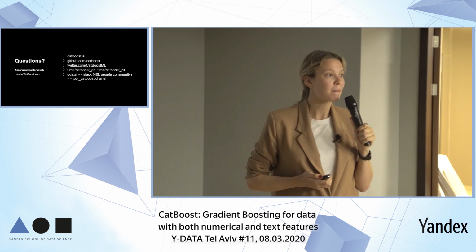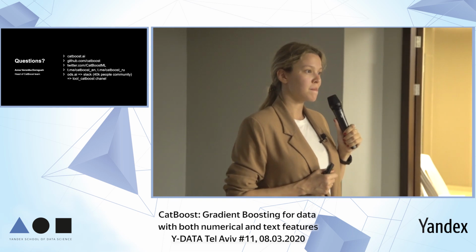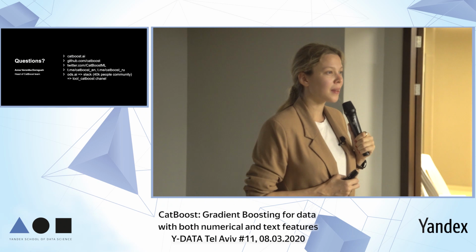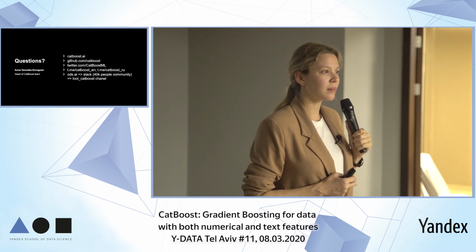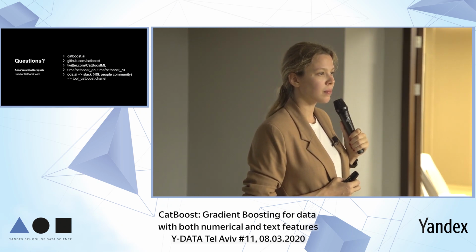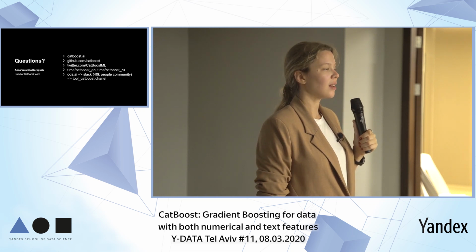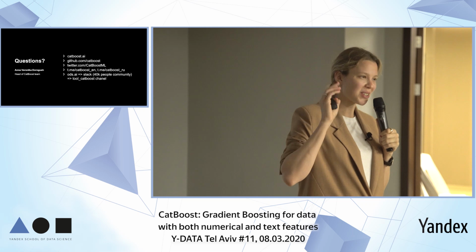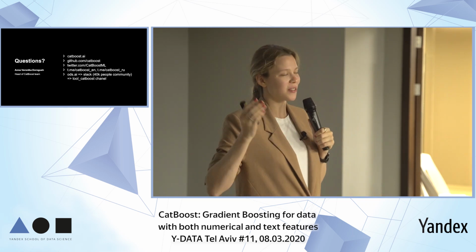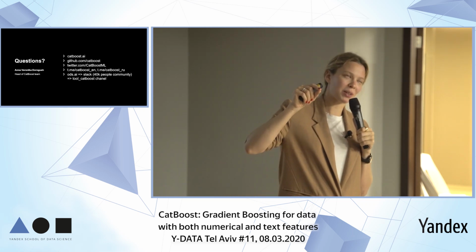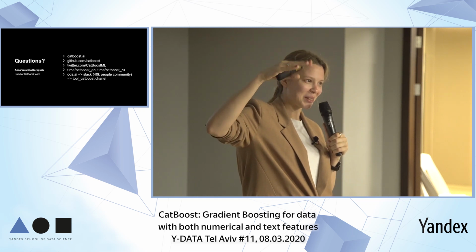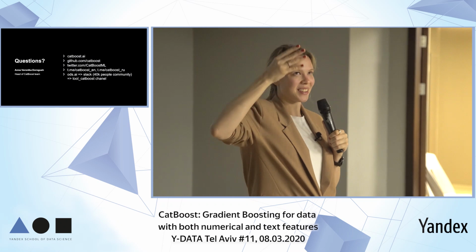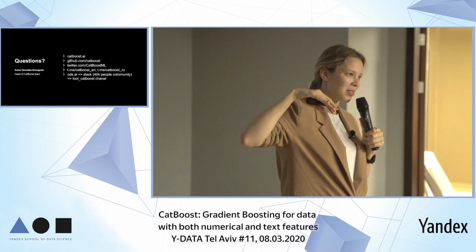You said that there are online settings, with online encoding for each sample. But what happens for the first samples? For the first sample, you just have the prior. With a categorical feature, for the first sample it would not be the average label of all the values, but you will have the prior in the numerator and the denominator.